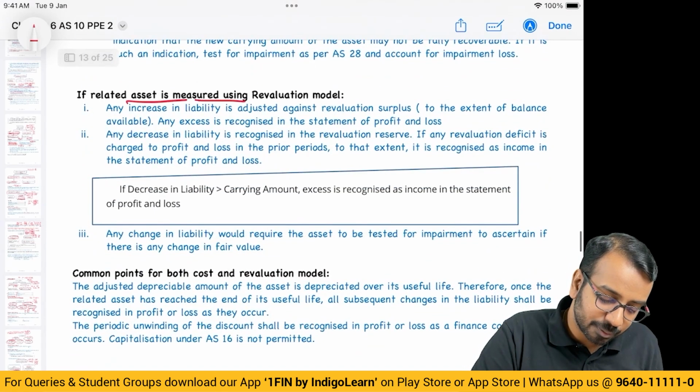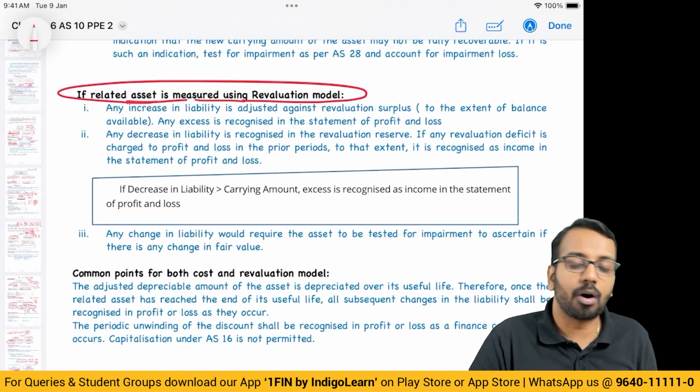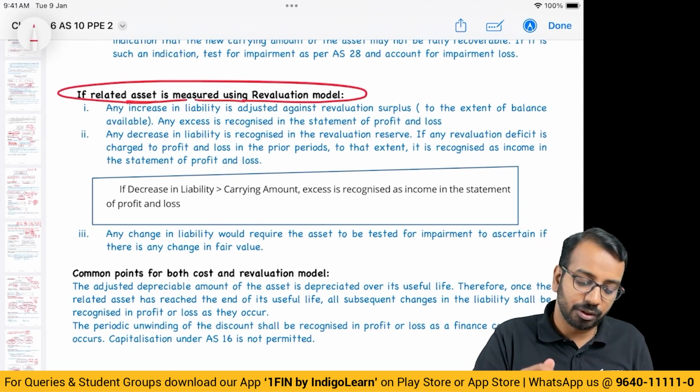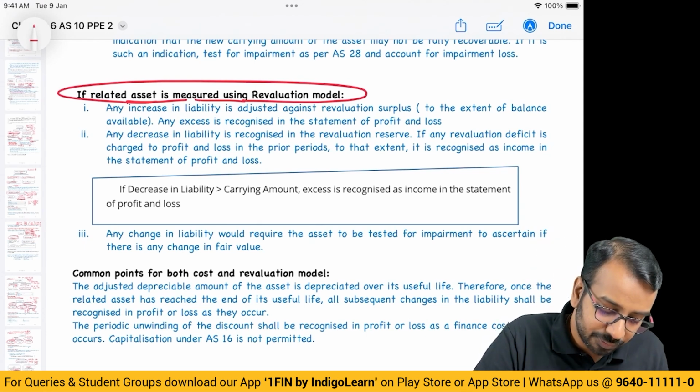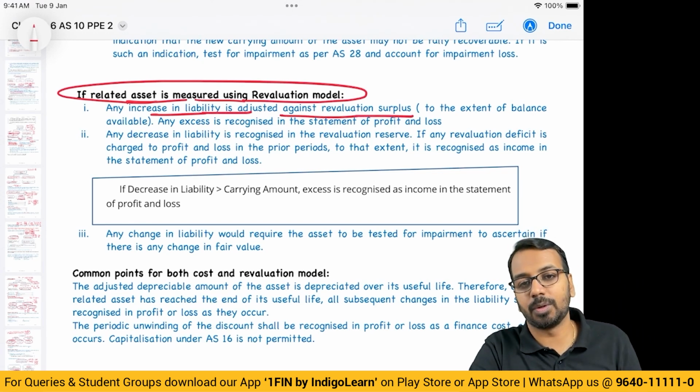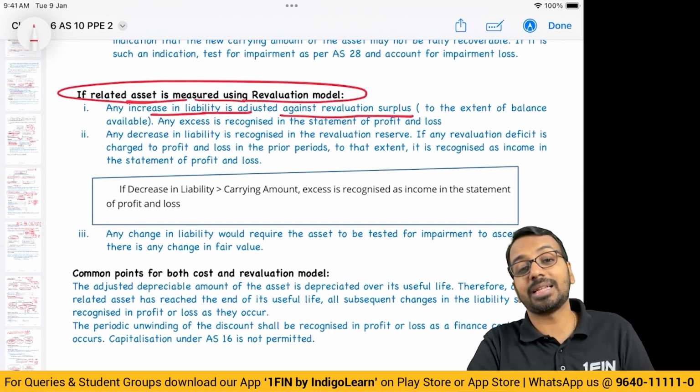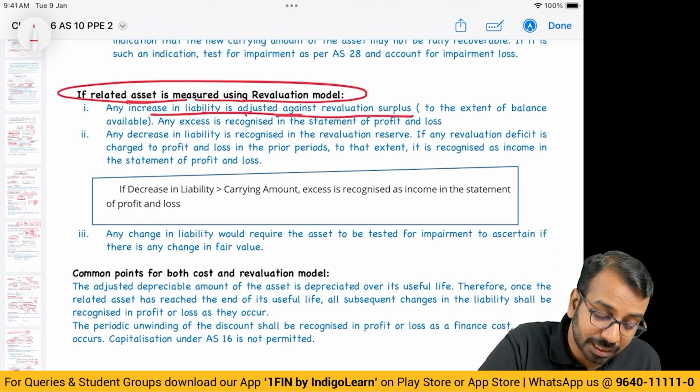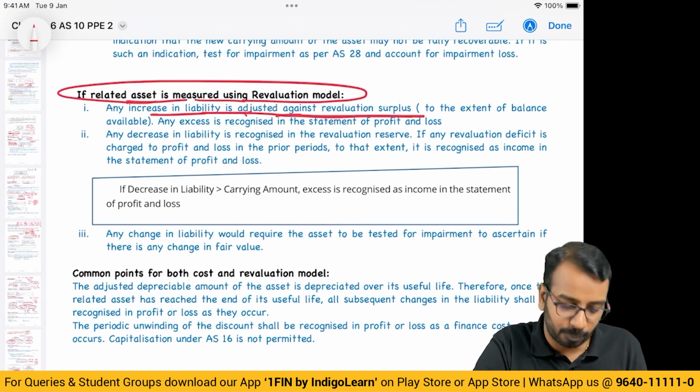if the asset is measured using the revaluation model, if there is an increase in liability, you will adjust against the revaluation surplus. Means you will not increase the cost of the asset. You will adjust it against the revaluation surplus.